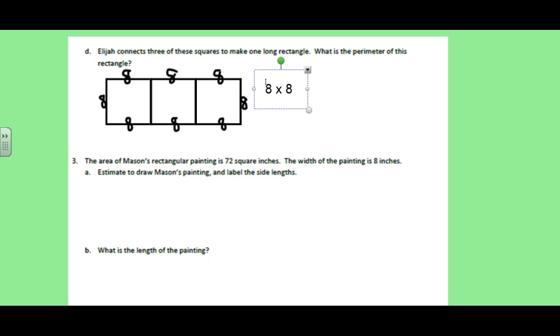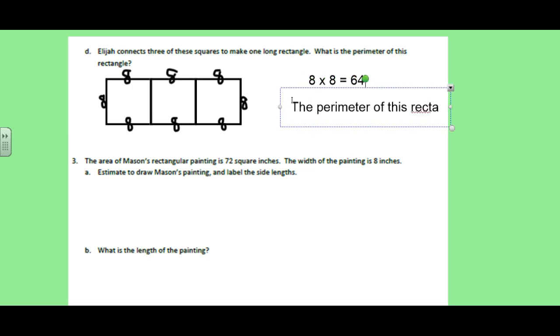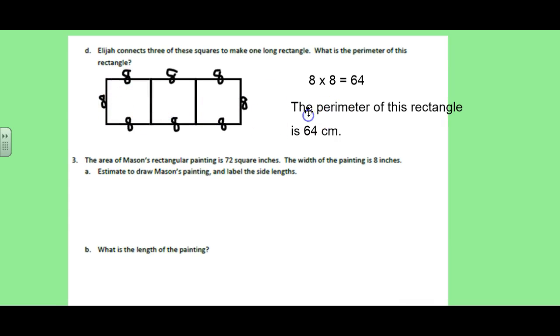And since we already know that answer is 64, we're going to put 64. And we're going to answer this in a complete sentence by saying the perimeter of this rectangle is 64 centimeters. So this rectangle has the same perimeter as the area of just one of those squares.